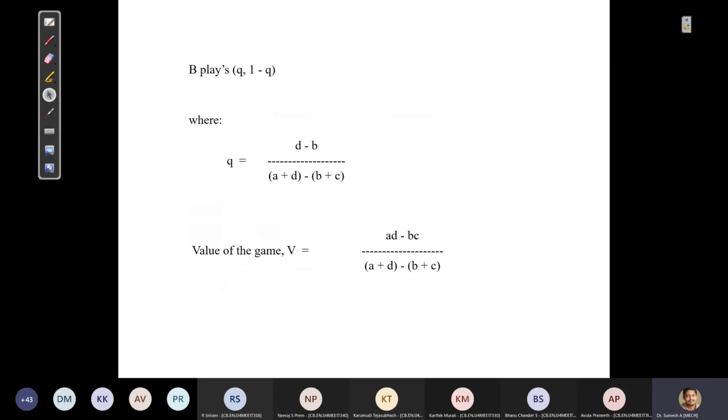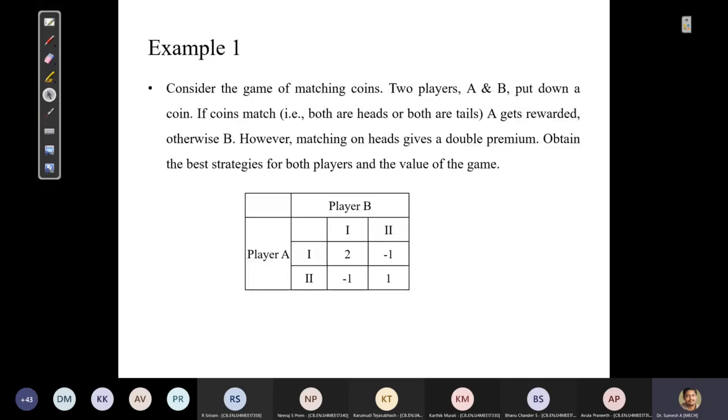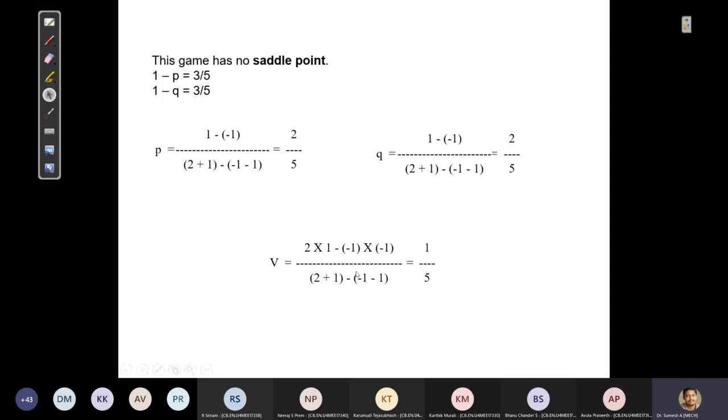There is another problem with the matrix 2, minus 1, minus 1, 1. Is there any saddle point? No. So the same way, you find the row difference.